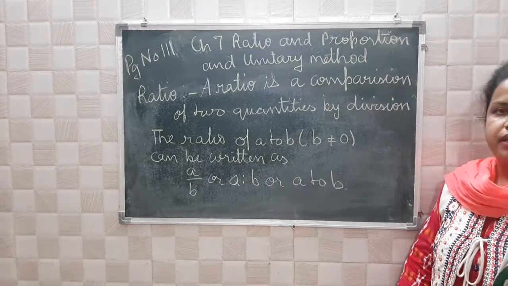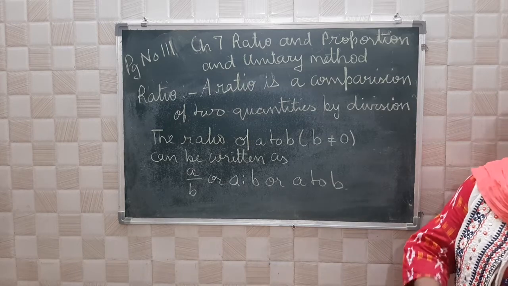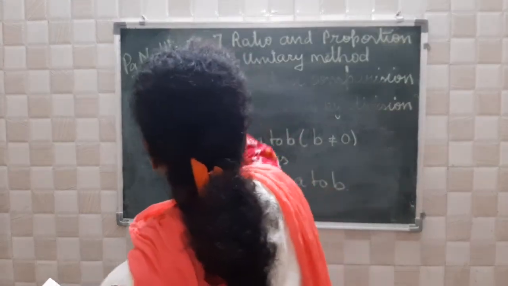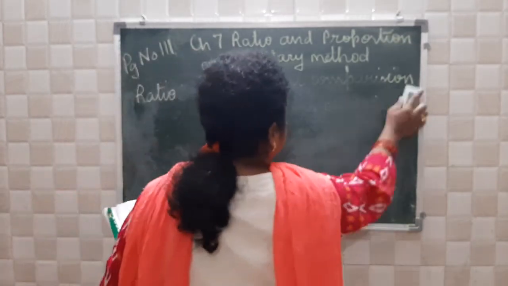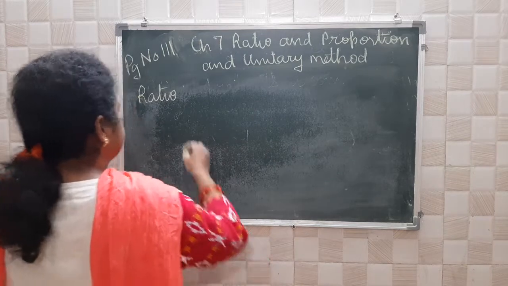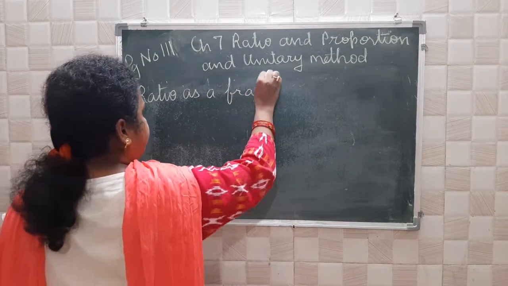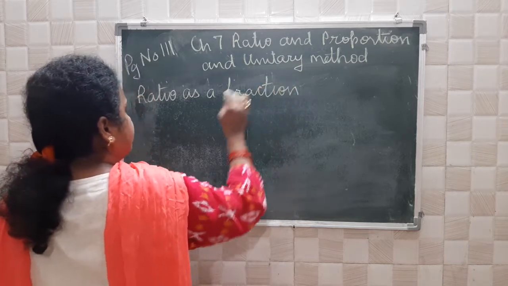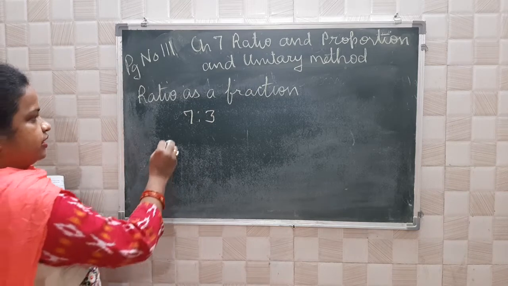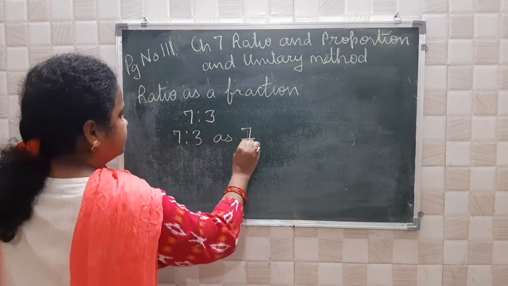Now next is ratio as a fraction. If the ratio is 7 is to 3, you can write 7 is to 3 as 7 upon 3.